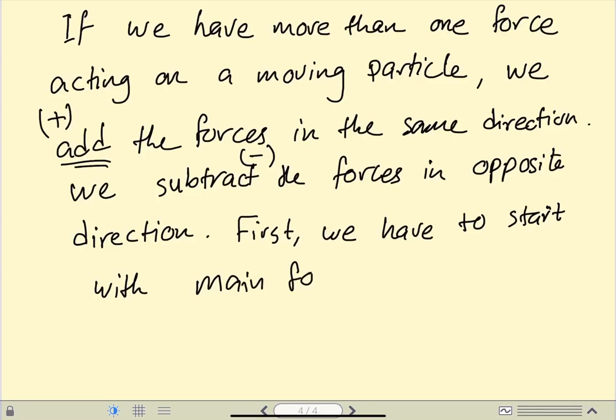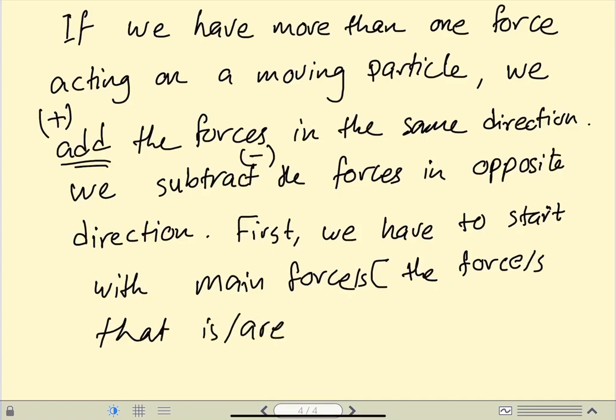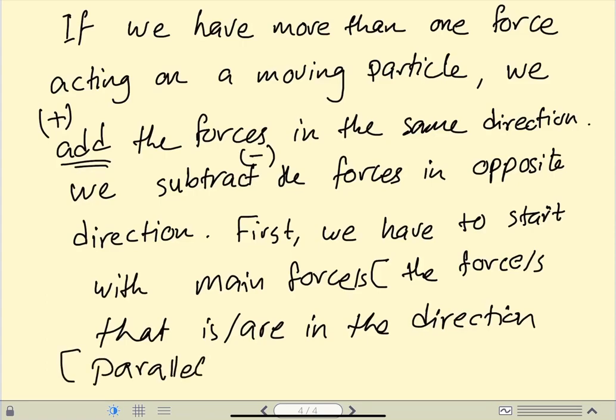What do you mean by main force? It could be one force or more than one force. It is the force or forces, if it's more than one force, in the direction of motion, or we may say parallel to the direction of motion.